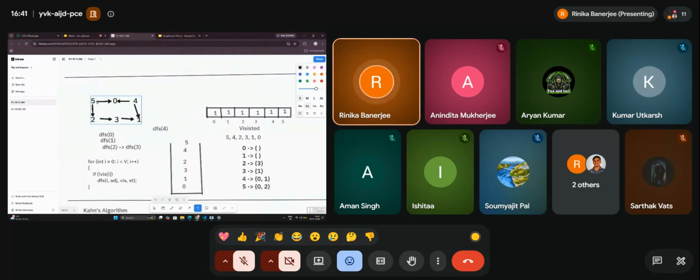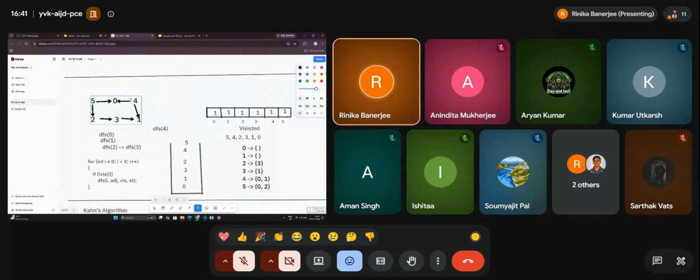So that means node 5 must come before. So I'm going to the DFS call of 0, and further I'm going. And when I'm reaching the final node, I'm pushing it in the stack. And while I'm getting the answer, I'm popping from the stack, right? So the pushing order and the actual topo sort order are reversed.